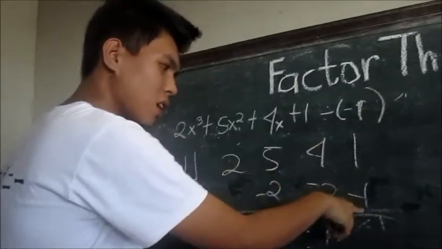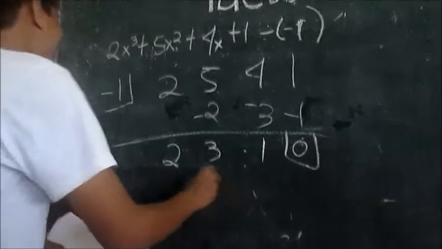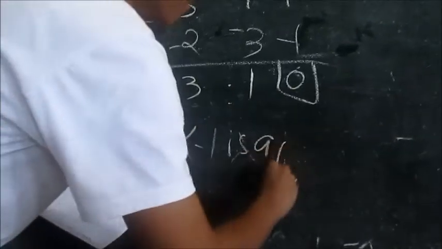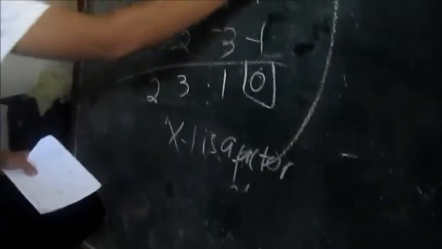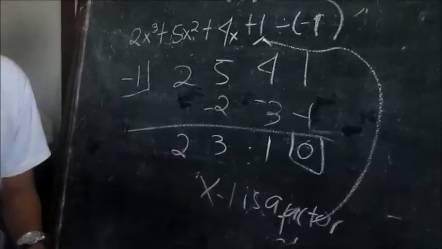So 1 plus negative 1 is 0. So x plus 1 is a factor of 2x cubed plus 5x squared plus 4x plus 1.